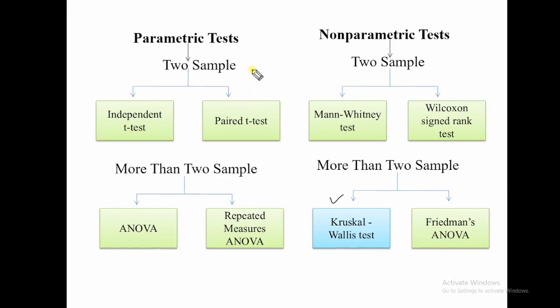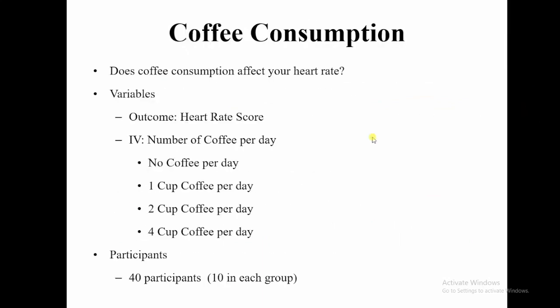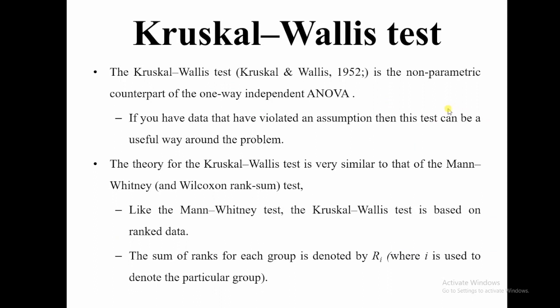In the Kruskal-Wallis test we compare several medians, whereas in ANOVA we compare several means, because in a parametric test we take the mean value, and in a non-parametric test we take the median value or mean rank. Now the condition of the non-parametric test, that is the Kruskal-Wallis test.